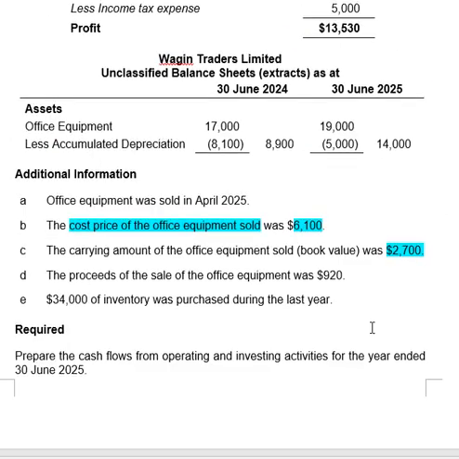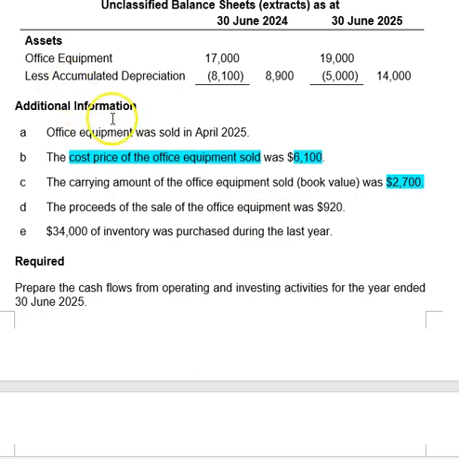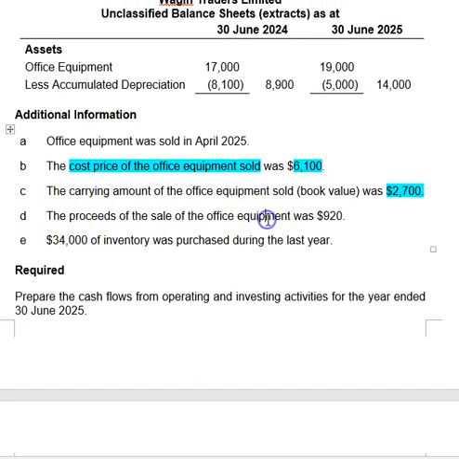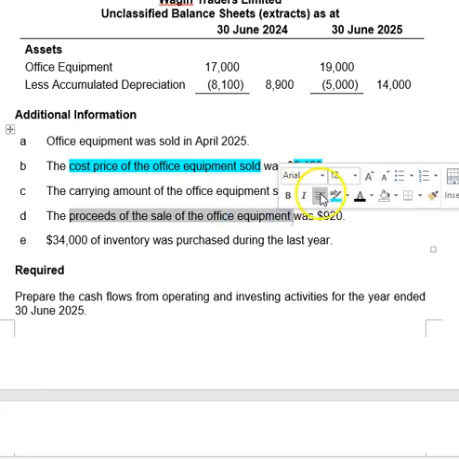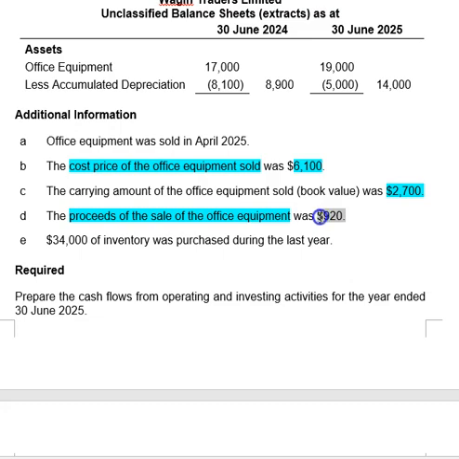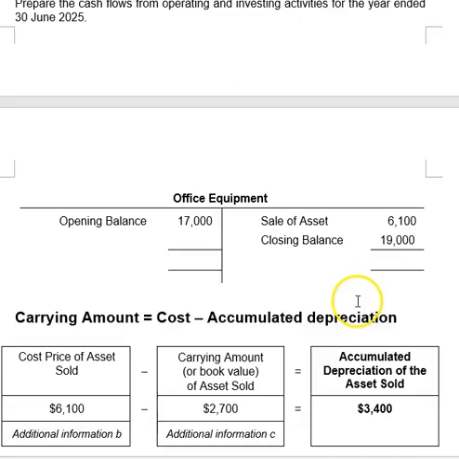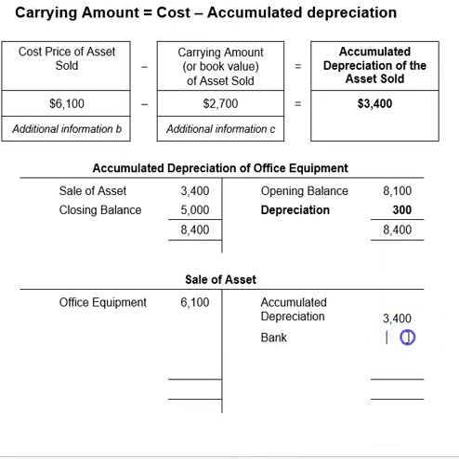If you look at additional information D, the proceeds of sale of the office equipment, that means the money that I get from the sale of office equipment is 920. So I receive 920 over here. So debit bank 920, credit sale of asset 920.